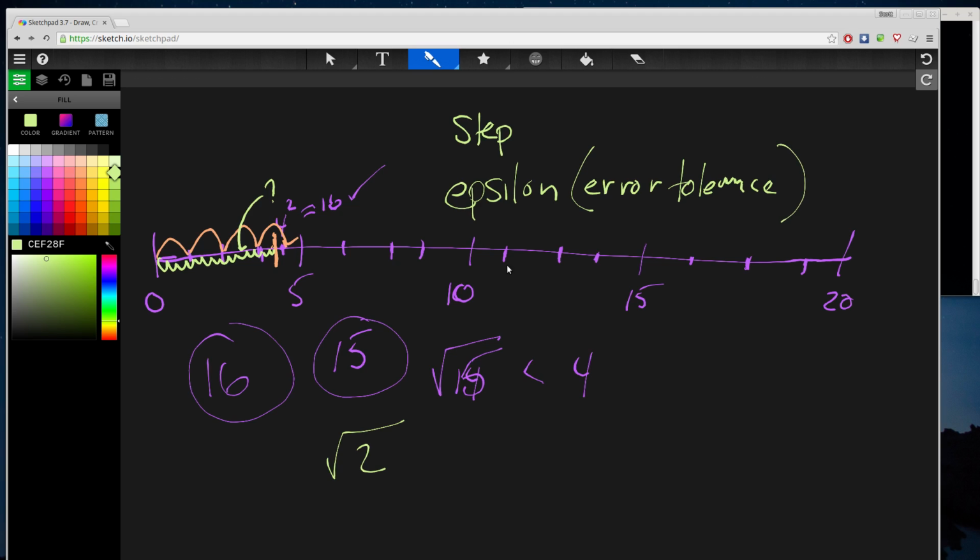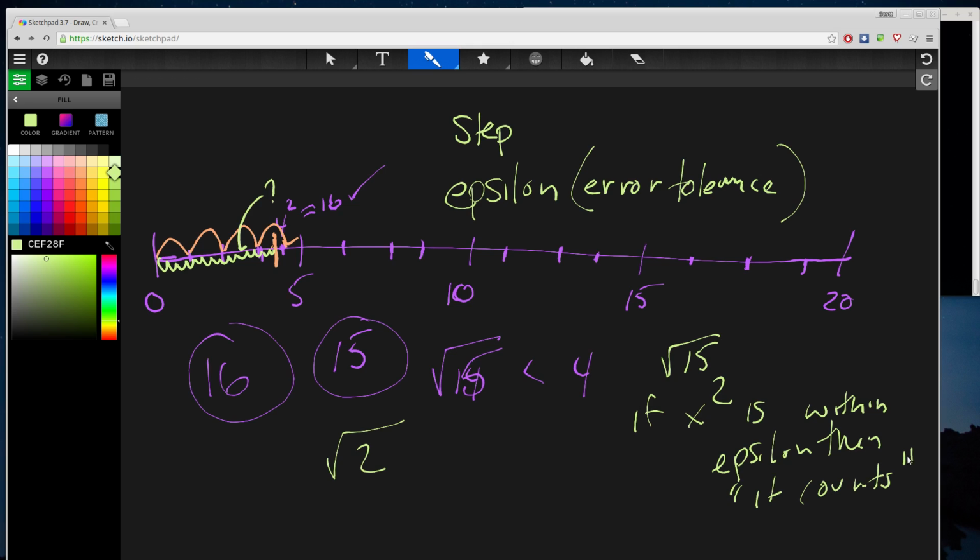What do I mean by error tolerance? If I'm going to try to find the square root of 15, if x squared is within epsilon, then it counts. I might get an x squared value that, if I squared x, is not exactly 15. Maybe it's something like 14.998, but that might be good enough.